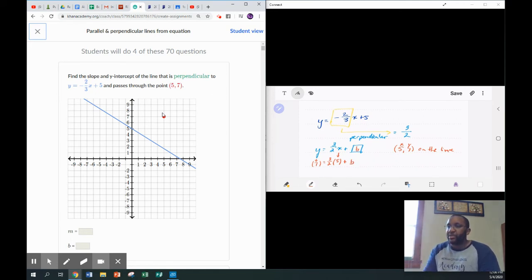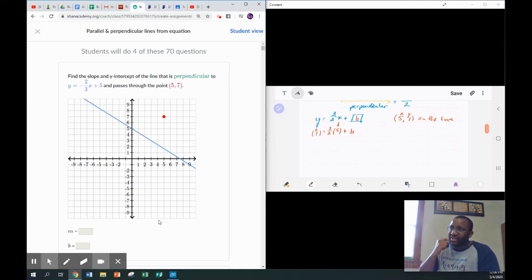Okay, so let's do a little bit of math here, and if you don't have a scientific calculator, you're gonna have to find one online or something like that. Let's see, we've got 15/2 when we multiply those two together, equals 7, still plus b.